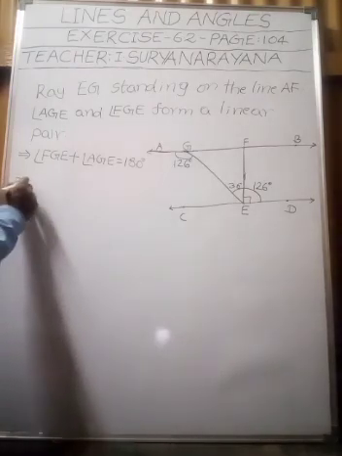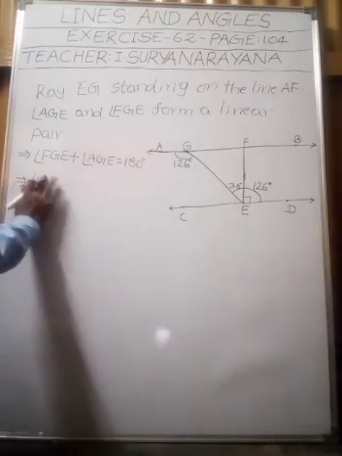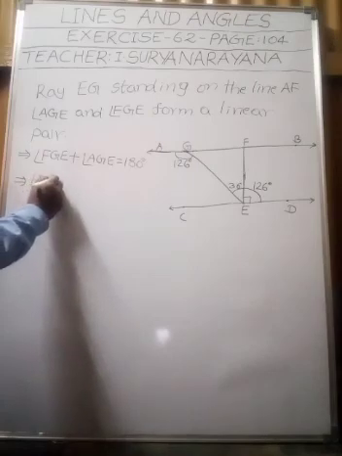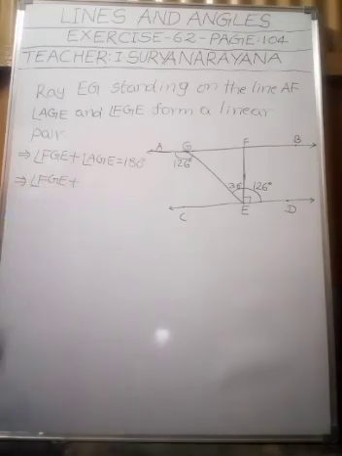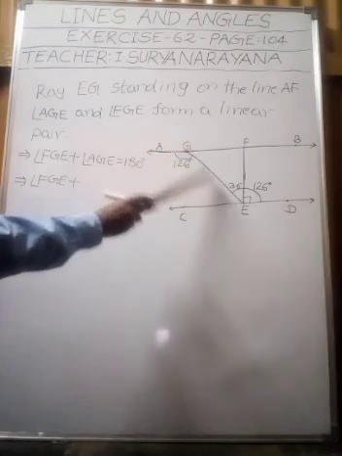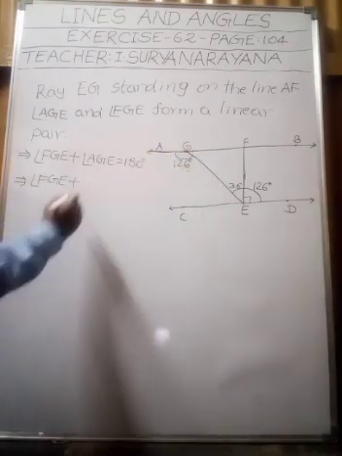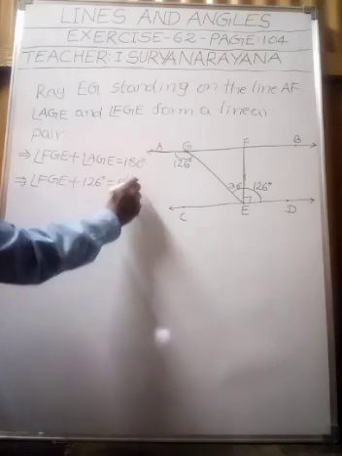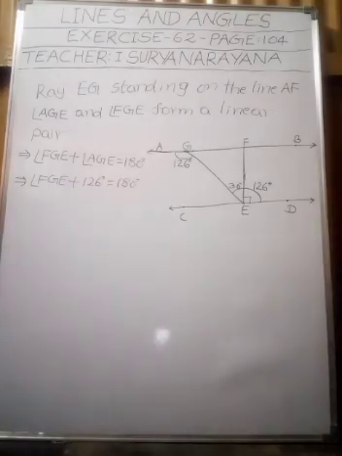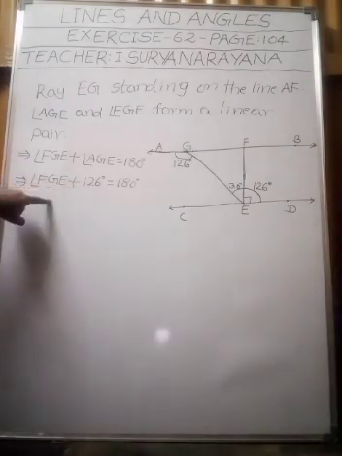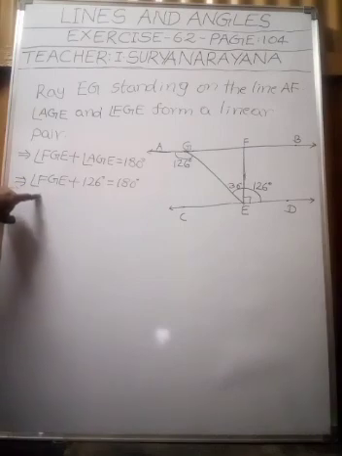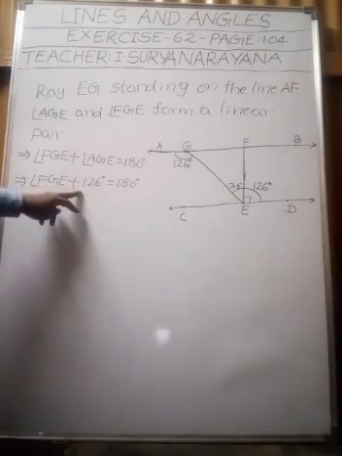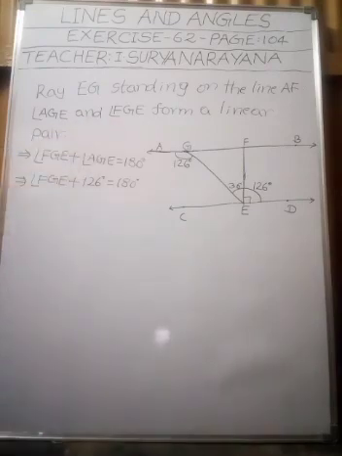Right. This implies angle FGE plus, we got already, angle AGE is 126 degrees, is equal to 180 degrees. We substituted the value of angle AGE. Understood this step, my dear children? Right. From this equation we find the value of angle FGE by transposing this 126 degrees to RHS.